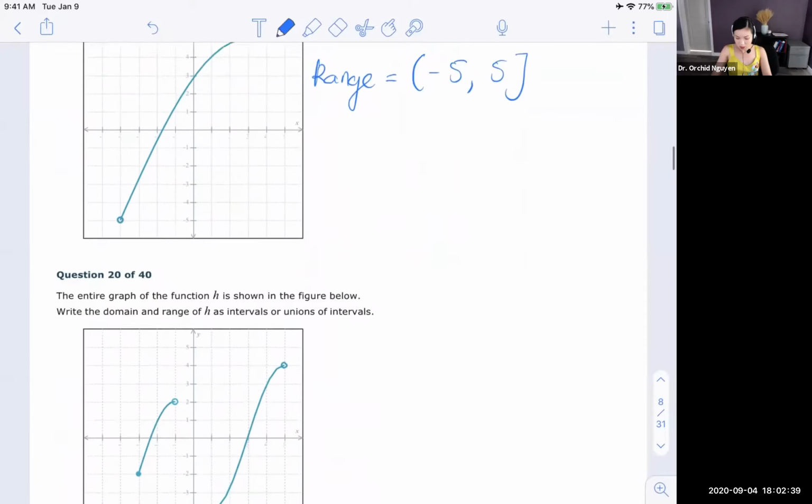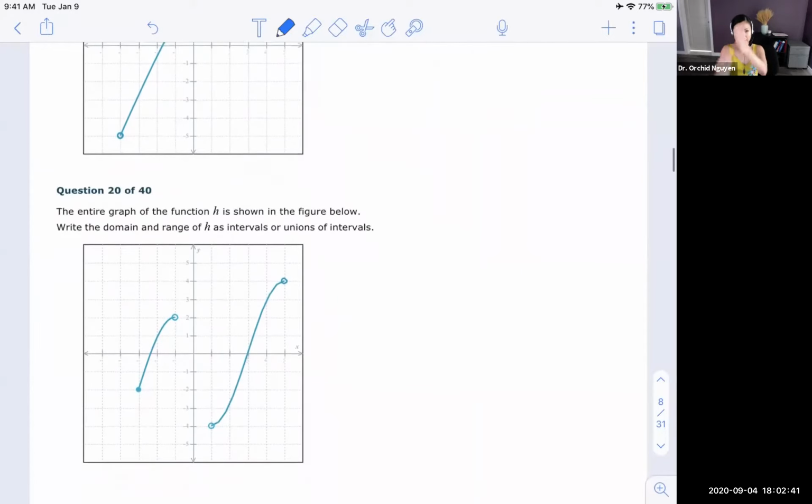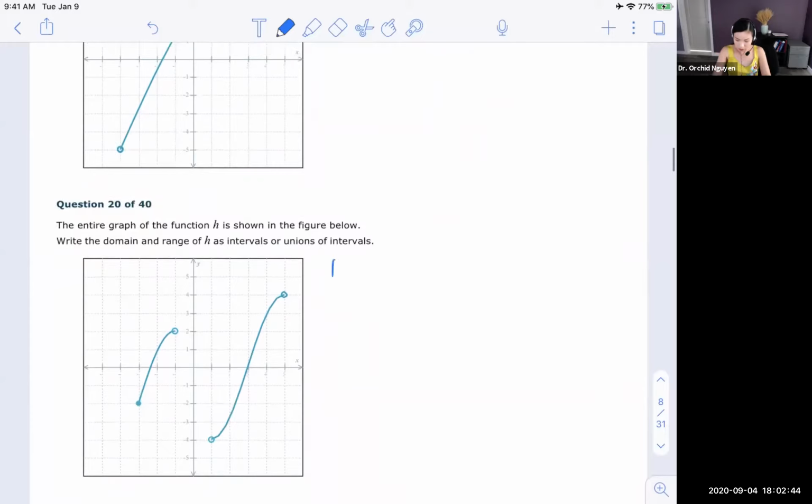All right, number 20. You see we have the gap for the domain. So we go from -3, we stop at -1, and then we start again at 1, and we go to 5. They are both open. For the range, hopefully you've noticed that there's no gap in between.